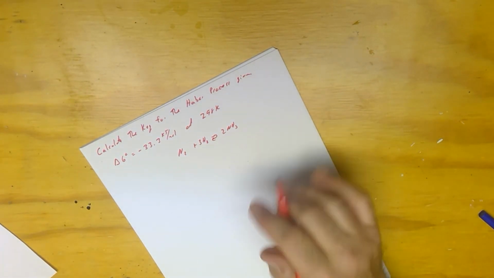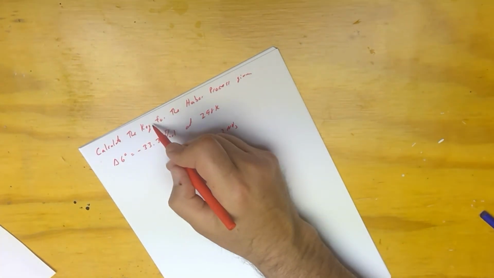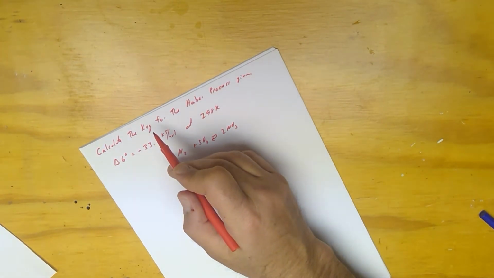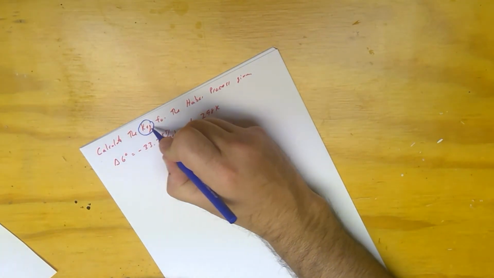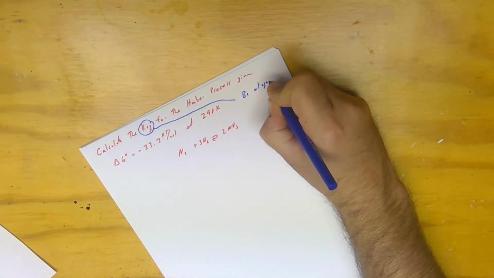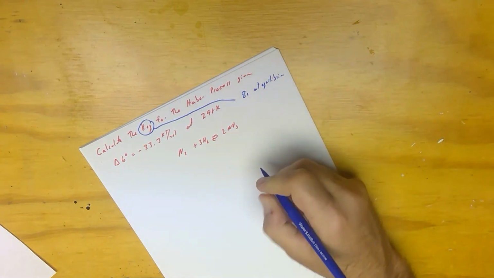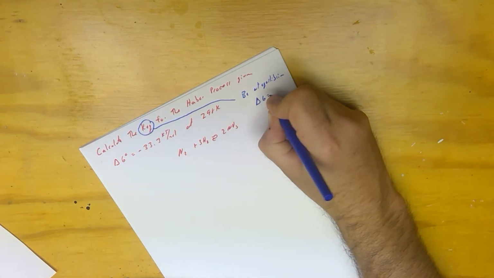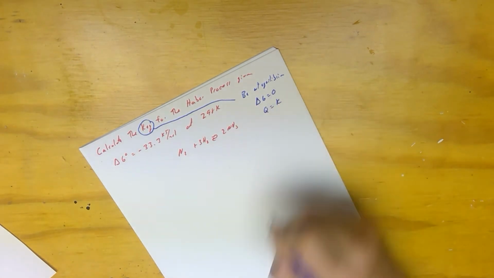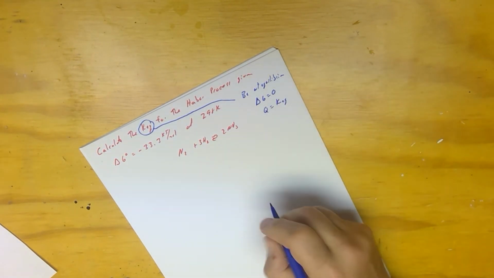Now, we want to calculate our KEQ, which means we're gonna be at equilibrium. So since we're at equilibrium, we know that delta G is equal to 0 and our Q is equal to our K, or our KEQ.